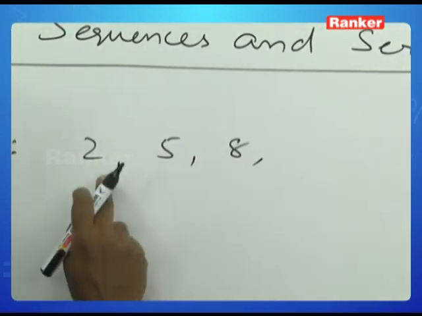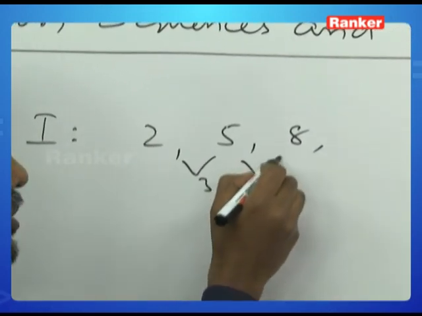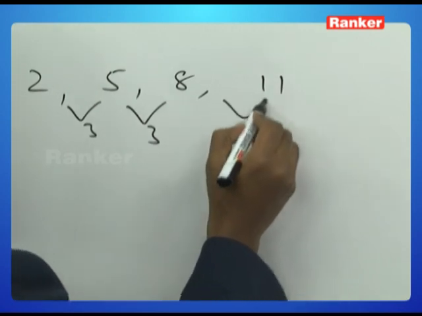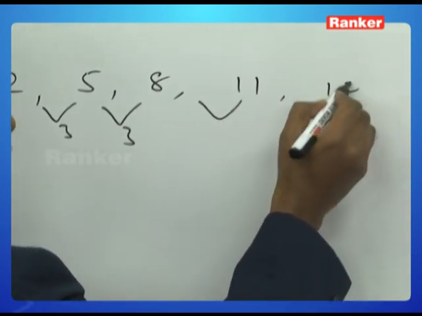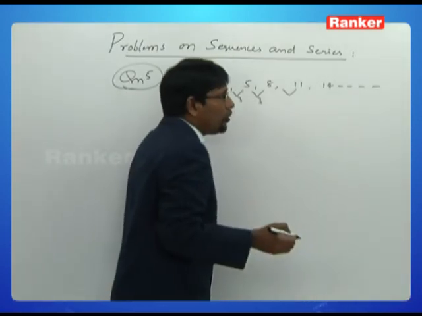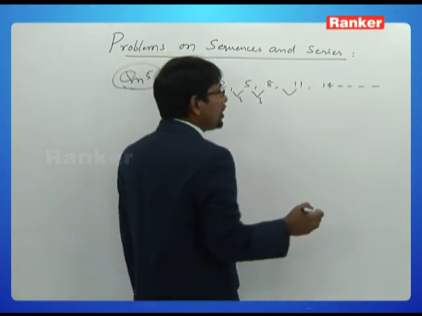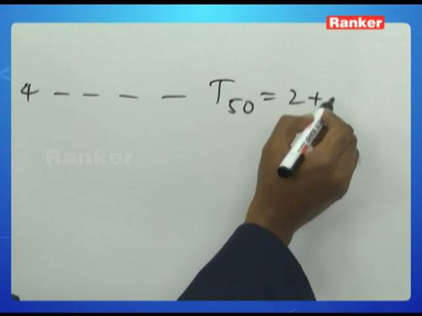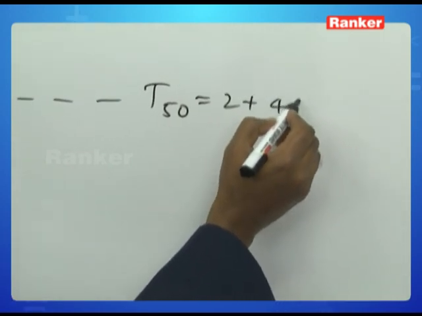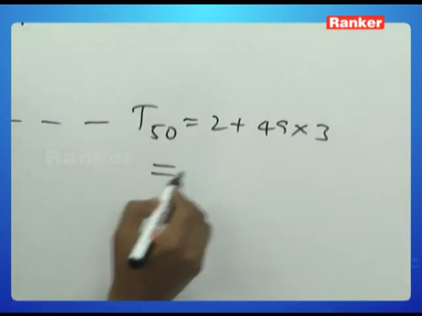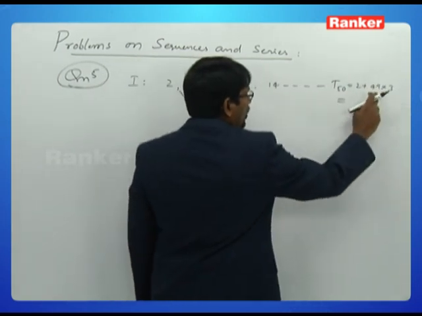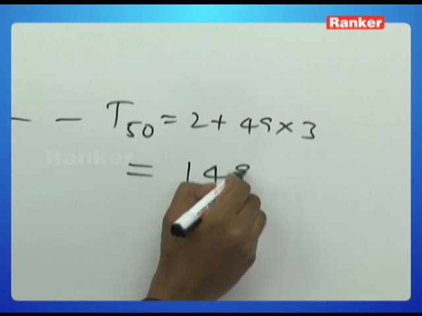The common difference is 3. Next is 11. What do you guess as the next term? It should have been 14, and so on. What would have been the 50th term? So T50 would have been 2 plus 50 minus 1, that is 49, into 3. That makes it 149 there.